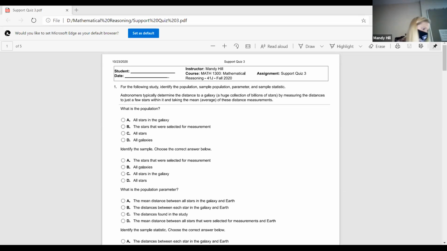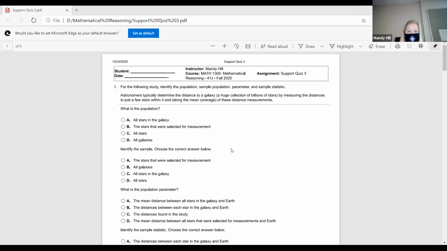So, quiz 3, the first problem says, for the following study, identify the population, the sample, the population parameter, and the sample statistic.